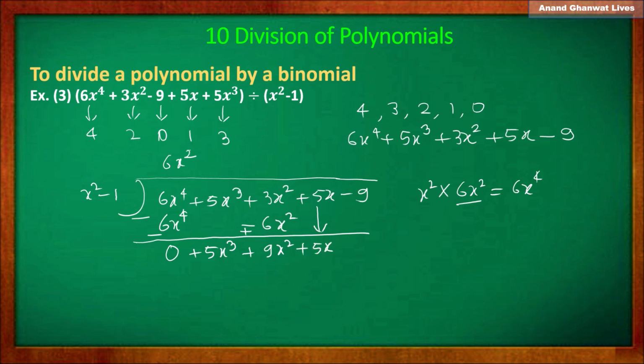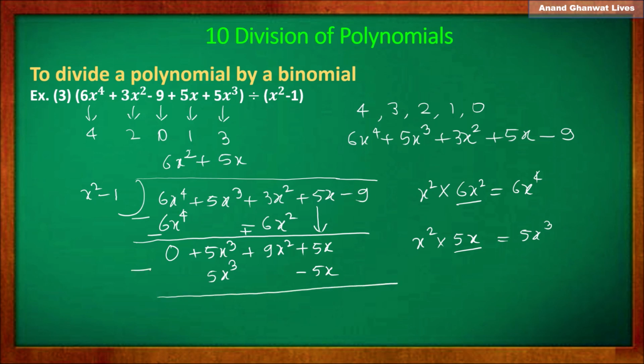Now think about the proper multiplier of x square so that the product is 5x cube, and the multiplier is 5x. So write it in the quotient 5x. 5x into x square, that is 5x cube, and 5x into negative 1, that is negative 5x. So while subtracting, change the signs.